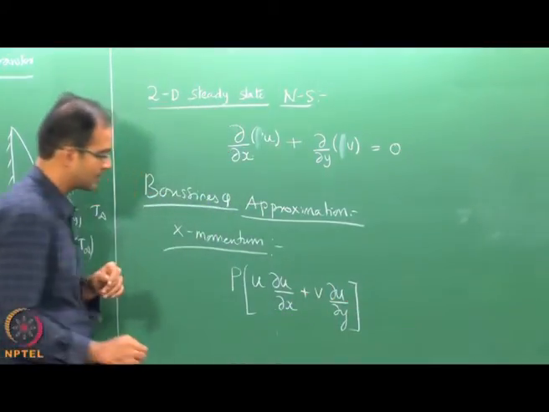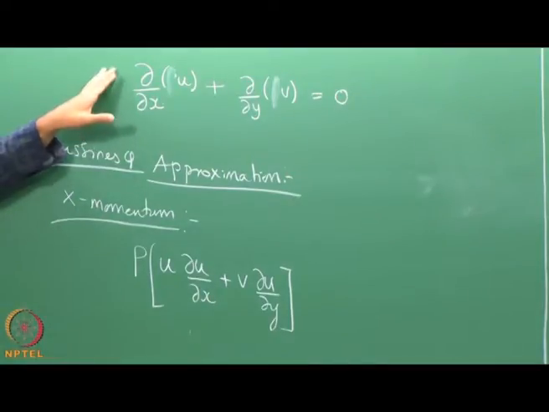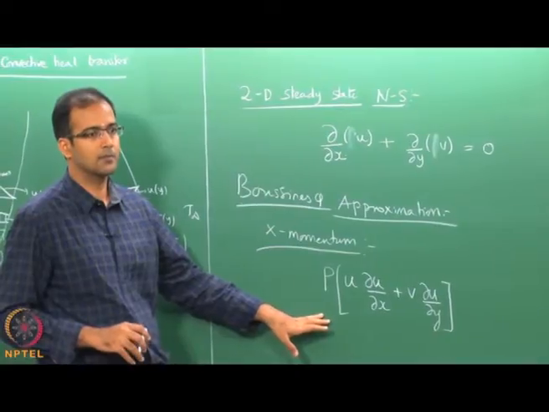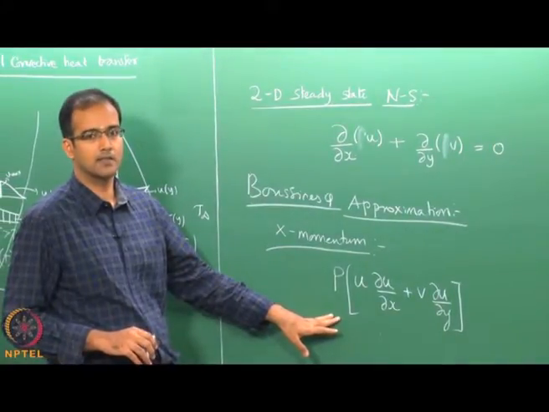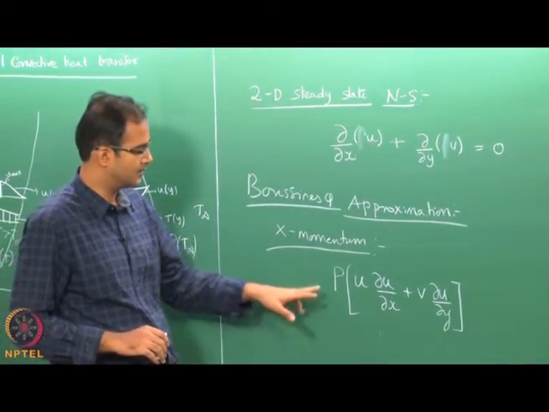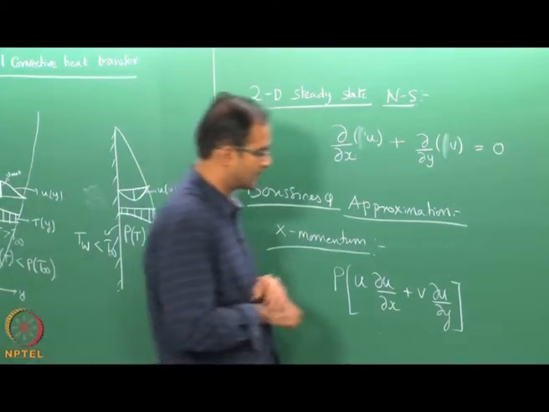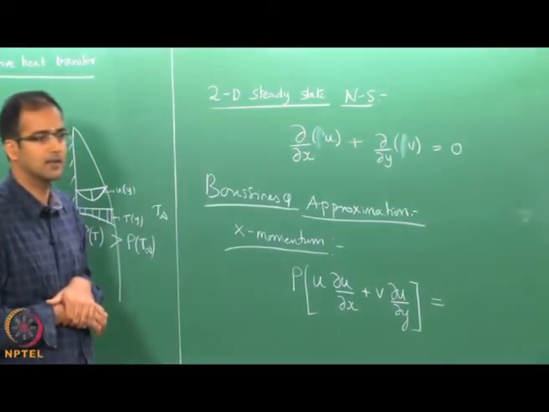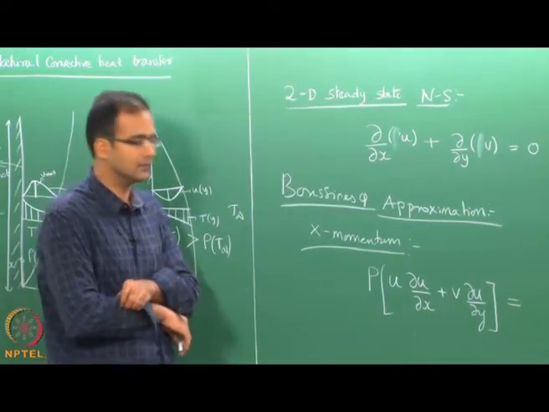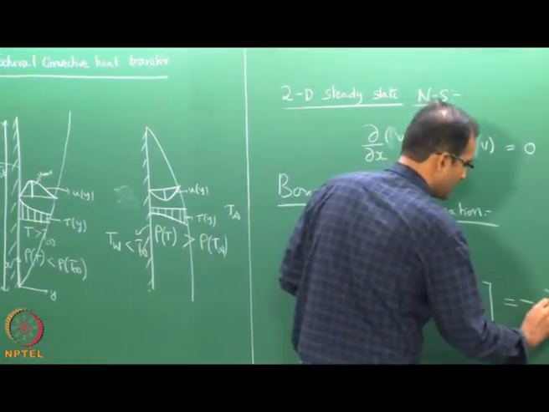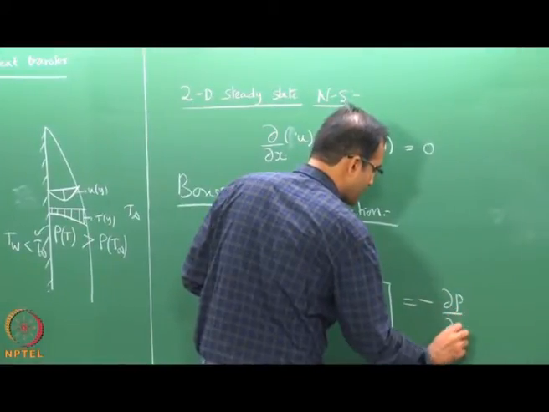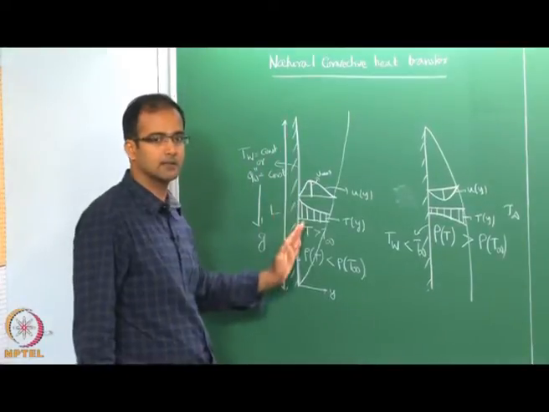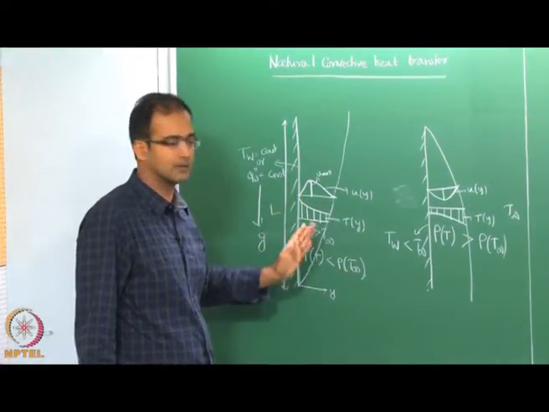According to the Boussinesq approximation, both in the continuity equation and in the convective acceleration part of the momentum equation, you can take density to be a constant. So, this is equal to, what are all the terms on the right hand side? Minus dp/dx. Now this is the momentum in the direction of the plate, that is, in the vertical direction.